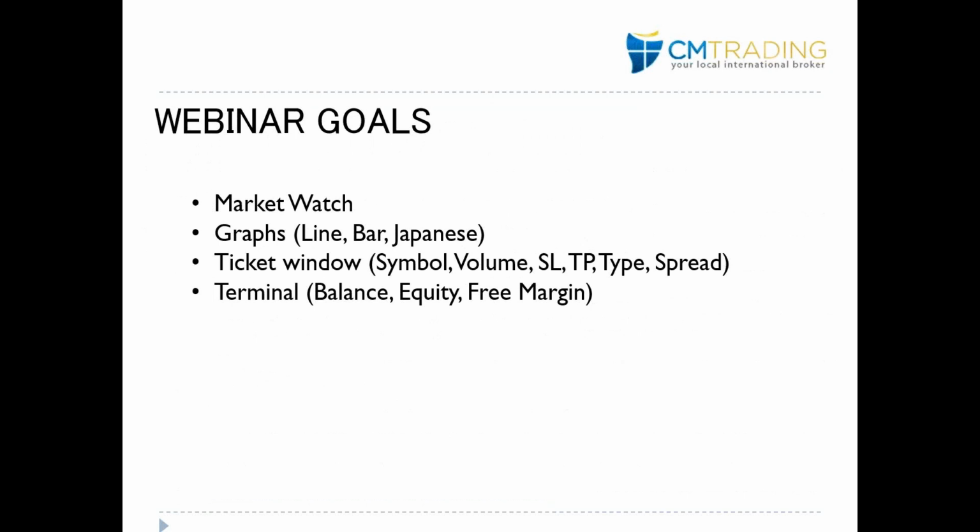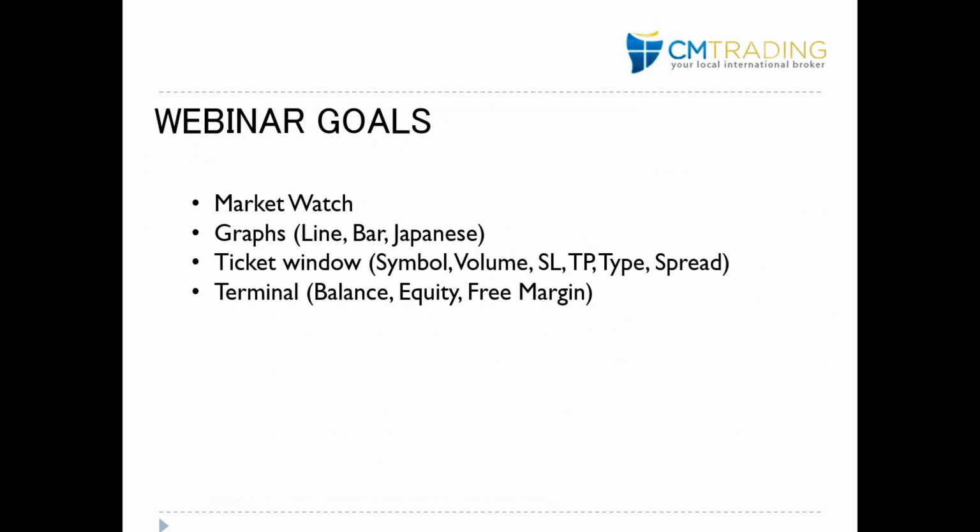We're also going to discuss some of the graphs, the ticket window where you actually place the actual trade, and the bottom of the terminal, which is really the platform. It's called the terminal, incidentally. So it consists of the balance, the equity, the free margin, some account history, and a few other things.